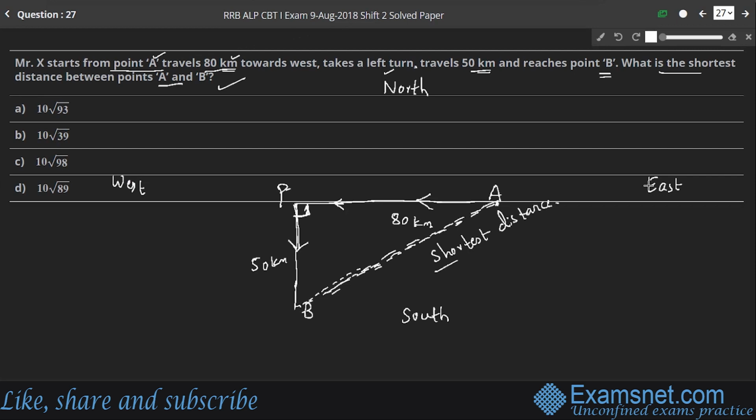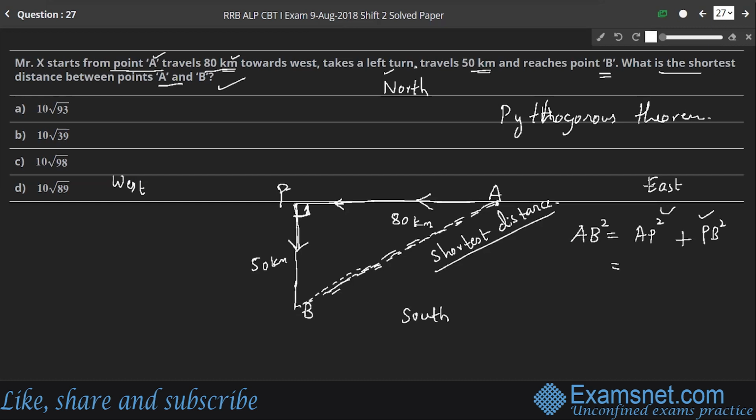Right? So according to the Pythagoras theorem, the square of the hypotenuse AB square is equal to the sum of the squares of the remaining two sides, AP square plus PB square. Right? So the square of the hypotenuse is equal to the sum of the squares of the remaining two sides.